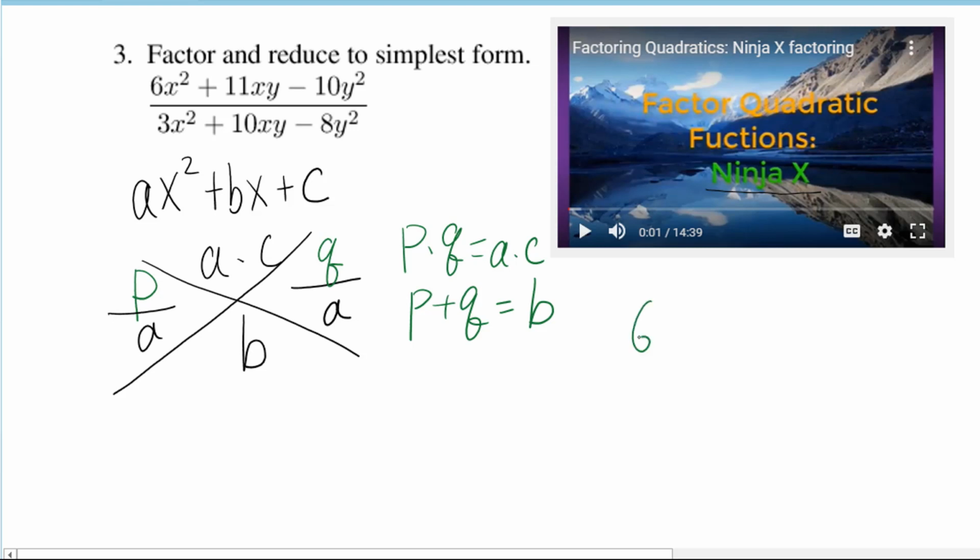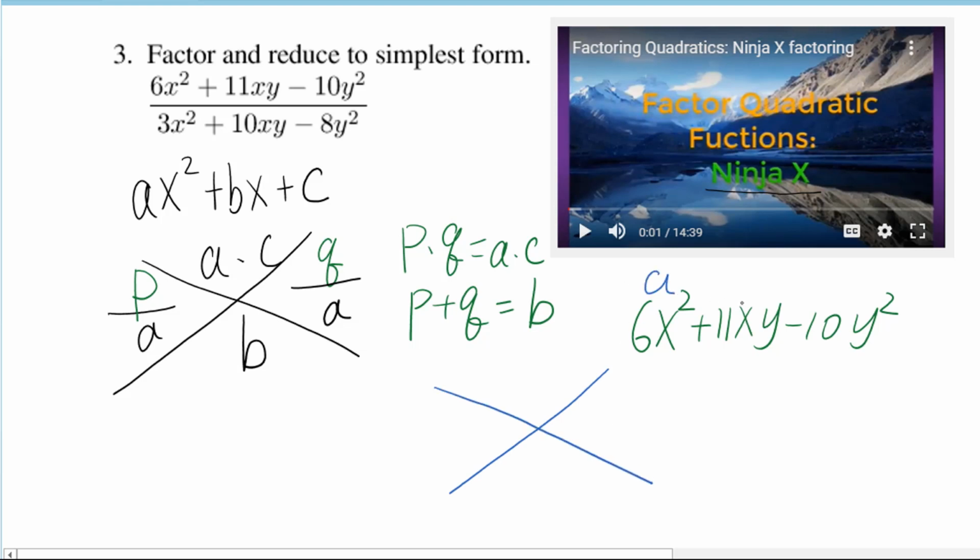Let's look at the top of this rational expression. 6x squared plus 11xy minus 10y squared. We will use NinjaX. This is a, this is b, here's c. So a times c, that's negative 60. This is 11 over 6 over 6.